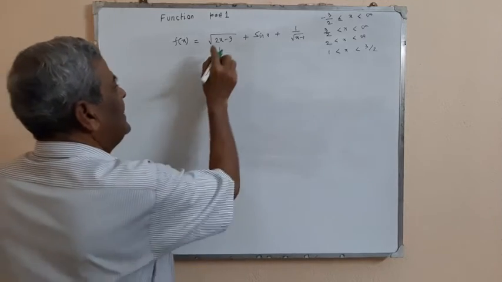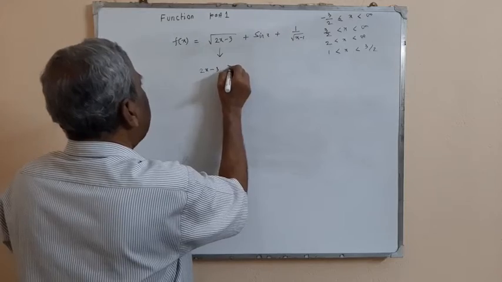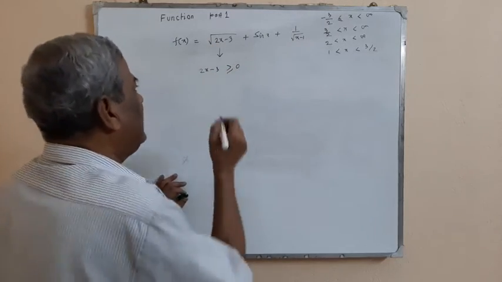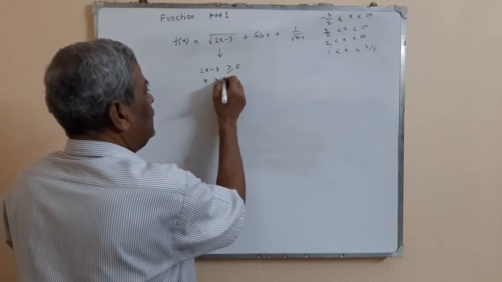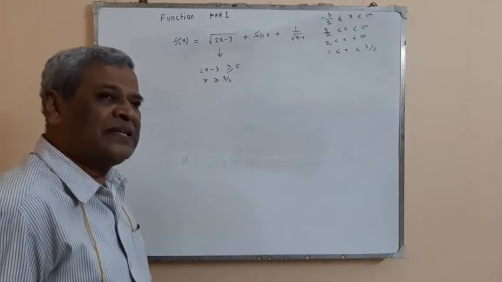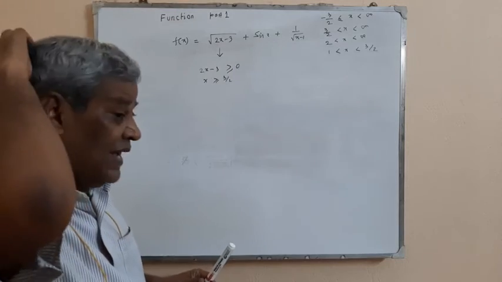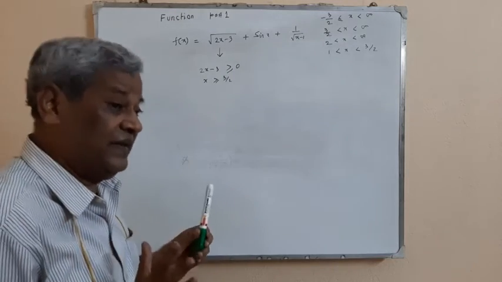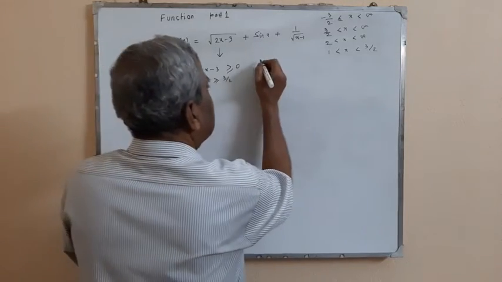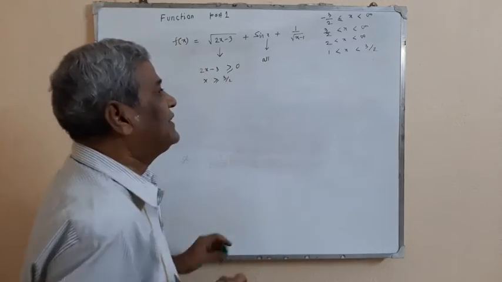That is, 2x minus 3 is greater than or equal to 0, then root 0 is defined. That is, x is greater than or equal to 3 by 2. Next part is sin x. Sin x is defined for all values of x.